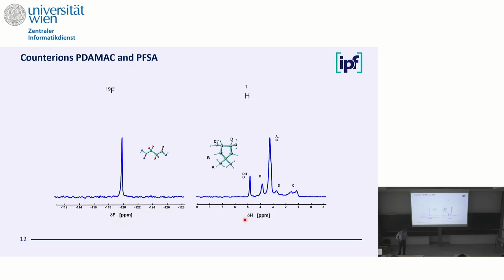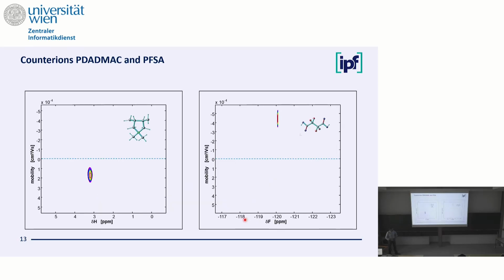I have to say, kind of cheating, I don't need to do it anymore, but here we had polyDADMAC on the right side. On the left, we have the fluorine spectrum of fluorinated succinic acid. So if I look at the fluorine spectrum, I have the counterion. Oh, sorry, that's the wrong way around.